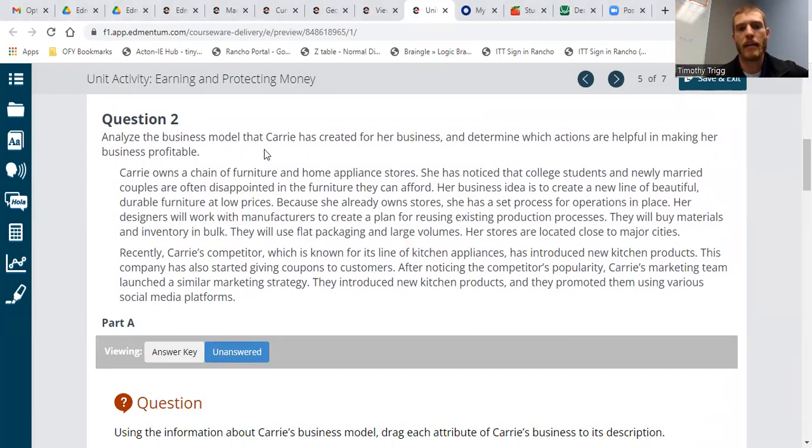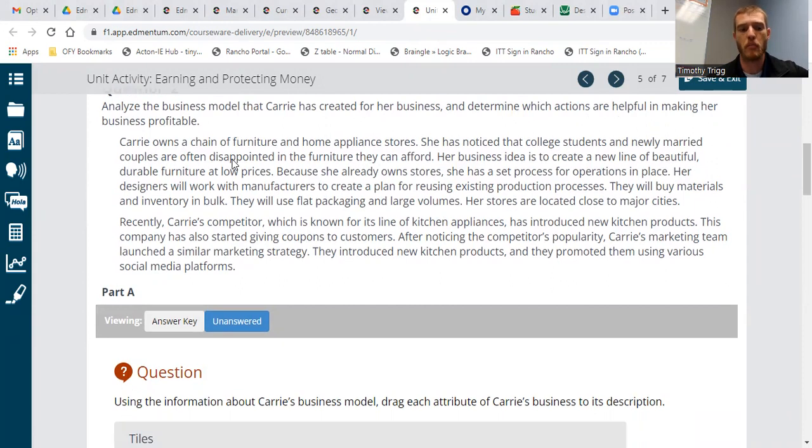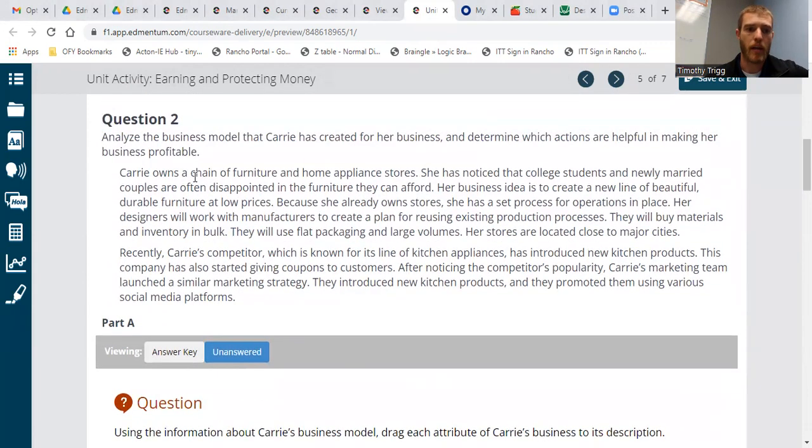Question 2. Analyze the business model that Carrie has created for her business and determine which actions are helpful in making her business profitable. Carrie owns a chain of furniture and home appliance stores. She has noticed that college students and newly married couples are often disappointed in the furniture they can afford. Her business idea is to create a new line of beautiful, durable furniture at low prices.